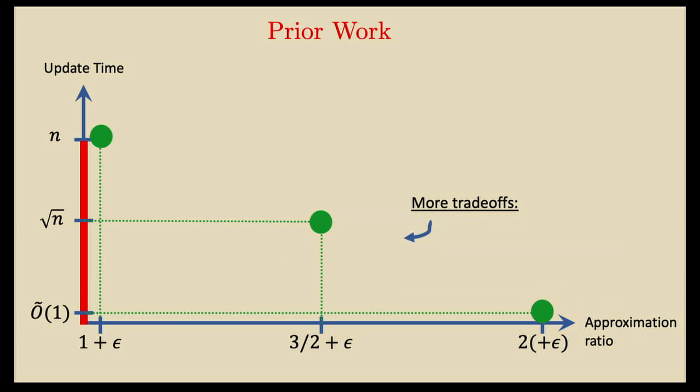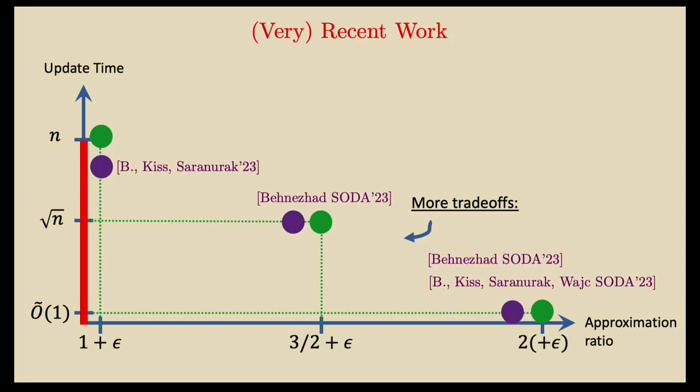Very recently, in the last 1 year, we have seen new results, which say that these existing data points are probably not the optimal trade-off we can hope to get. But all these new results use sublinear algorithms, and they have this drawback that you cannot explicitly maintain a matching in an output memory as long as you are using sublinear algorithms.